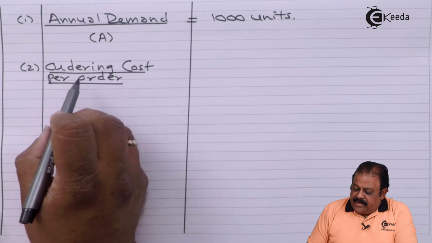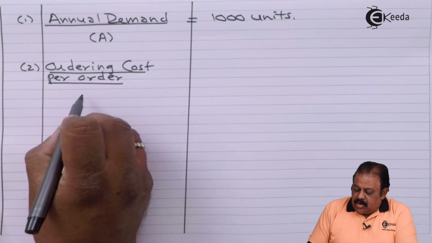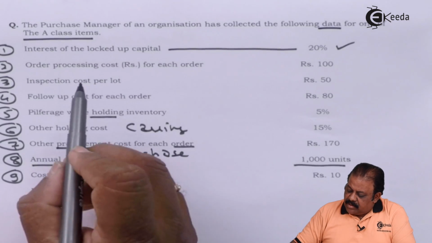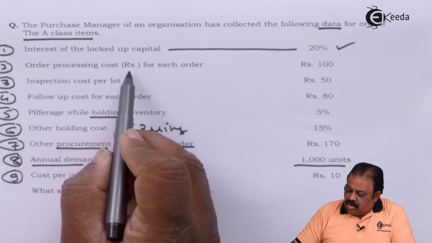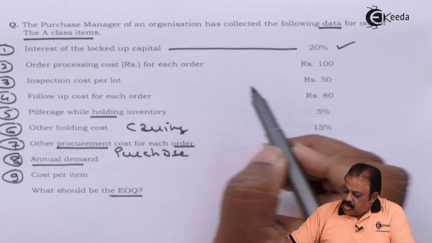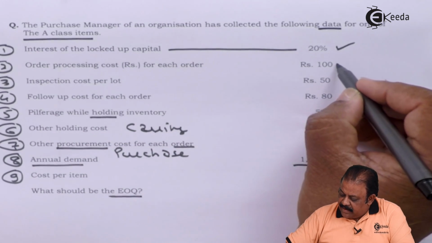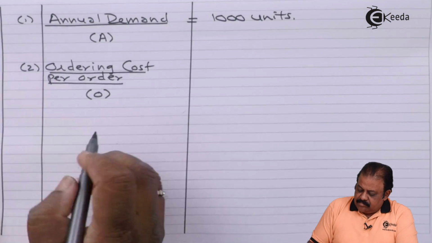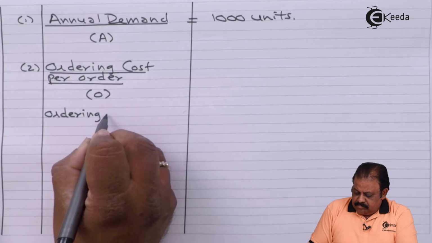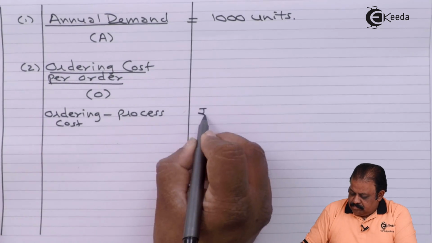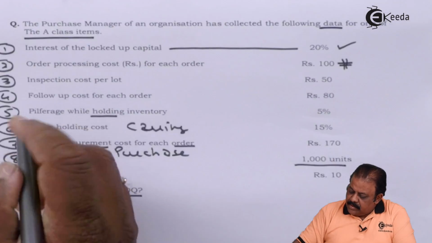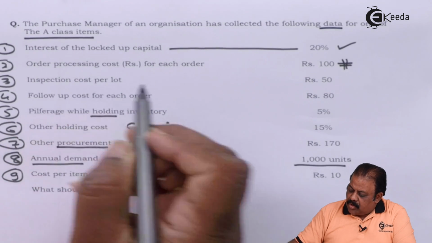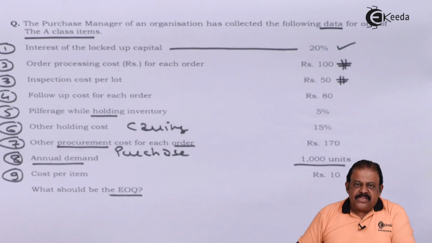Next we are required to find out ordering cost per order. Here they have given order processing cost for each order rupees 100. Inspection cost per lot rupees 50.